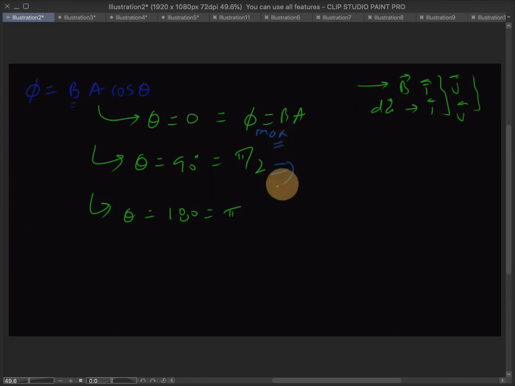Let's say my theta equals pi by 2, so cos pi by 2 is 0, then the flux phi is 0. So whenever your magnetic field and area are perpendicular, automatically your flux becomes 0. No magnetic field lines will come out, or flux will be 0. Another property you can also say is that magnetic field lines cannot enter into this region.